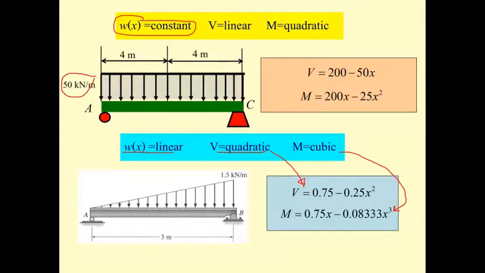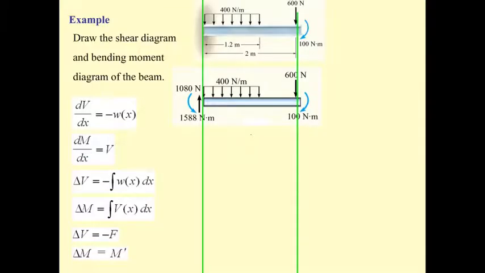So 1 more order. When we have the loading, the shear force has 1 more order higher, and the moment also has 1 more order higher than the shear. This conclusion is going to help you a little bit when you draw the shear diagram and moment diagram.